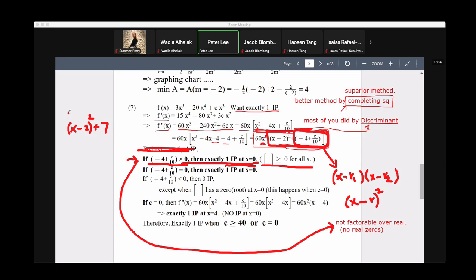Now we can see that this guy right here is always positive. And if this is always positive, that means there's no real 0. That means you only have one inflection point. The inflection point occurs at x equals 0 in this case. That's it.